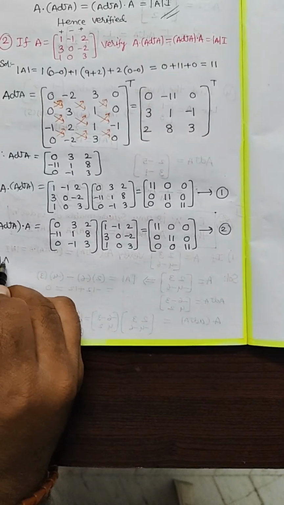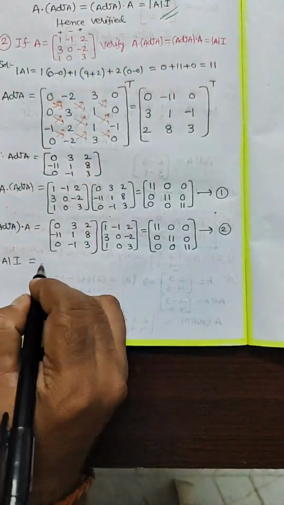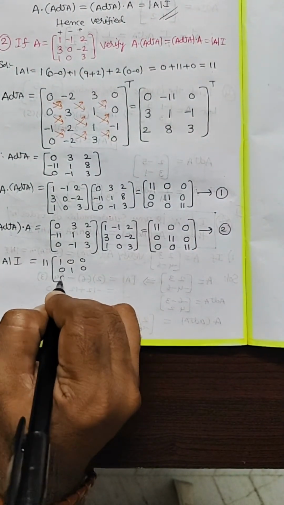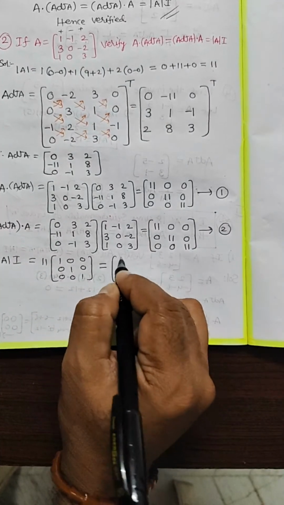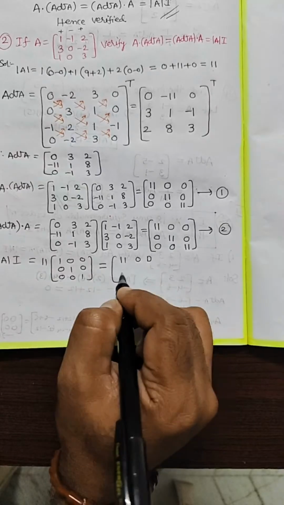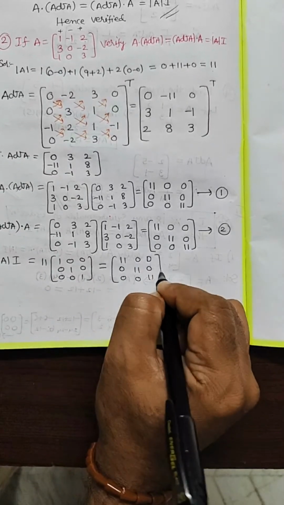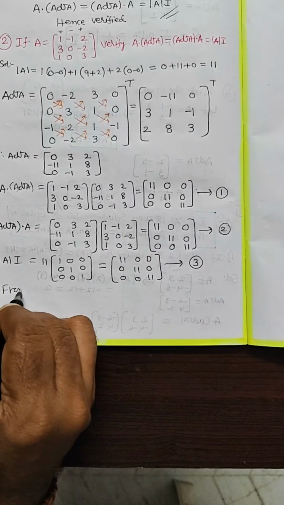Next, det A into I. What is det A? We got det A value is 11. 11 into I, identity matrix 1, 0, 0, 0, 1, 0, 0, 0, 1, which is equal to 11, 0, 0, 0, 11, 0, 0, 0, 11. Equation number 3.